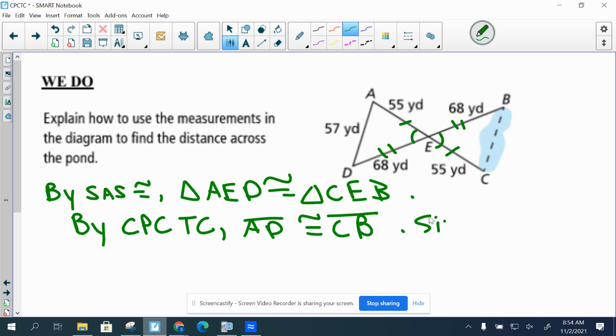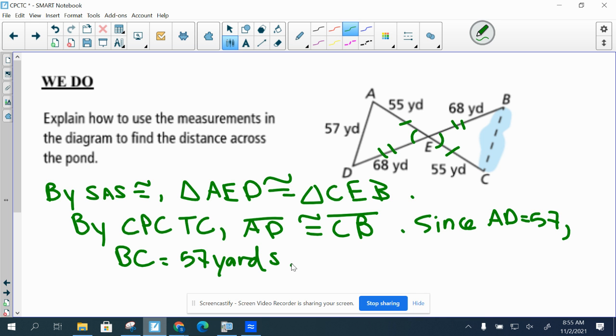And then since AB equals 57, BC also equals 57. So that's how I would explain it. I basically just wrote a paragraph as my explanation.